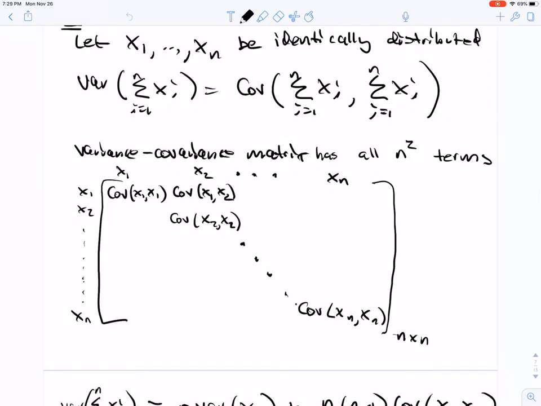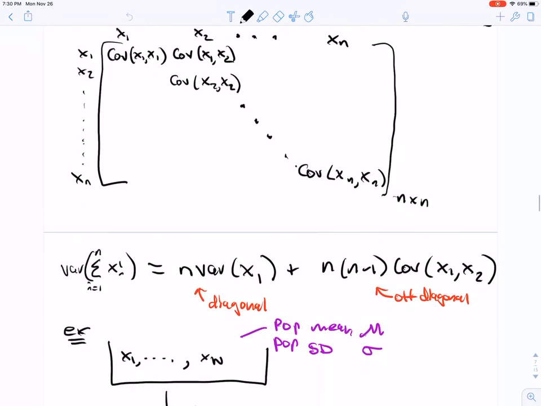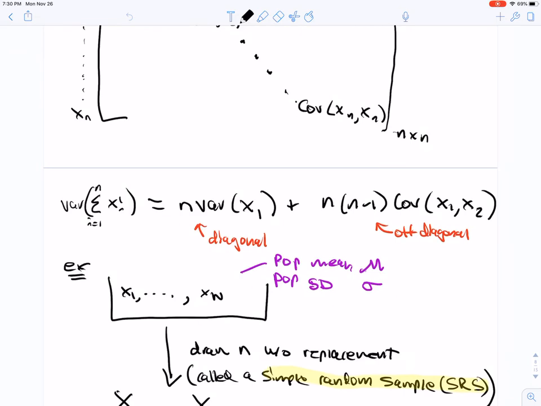These n squared covariance terms appear in this variance-covariance matrix that I've written out here. The diagonal terms of this matrix are the variances, and the off-diagonals are the covariances, and all the variances are the same, and the covariances are the same. So we just get n times the variance of X1 plus n times (n minus 1) times the covariance of X1, X2.